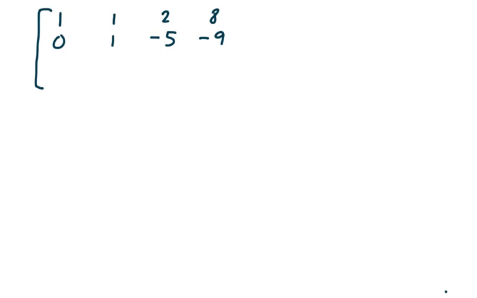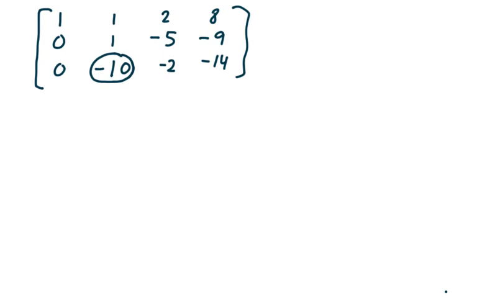In the third row, I get 0, 10, but that's negative, negative 2, negative 14. Now, I want to use row 2. This is my strategy. I want to use row 2 to turn this entry in the third row into a 0.